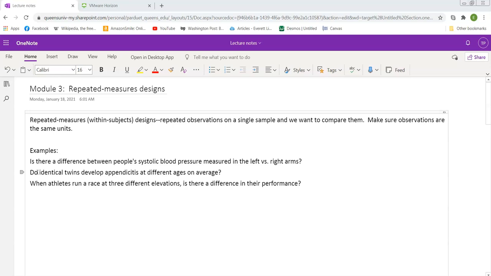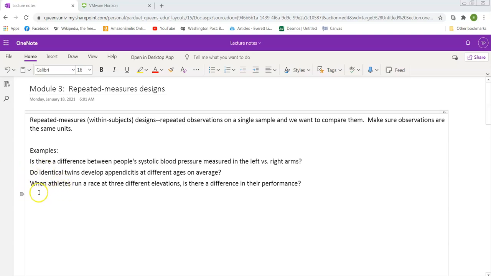So set of twins A would have twin A and twin B, how old they were when they got appendicitis. So we've got two different people in each pair, but it's still repeated measures because they're paired up.